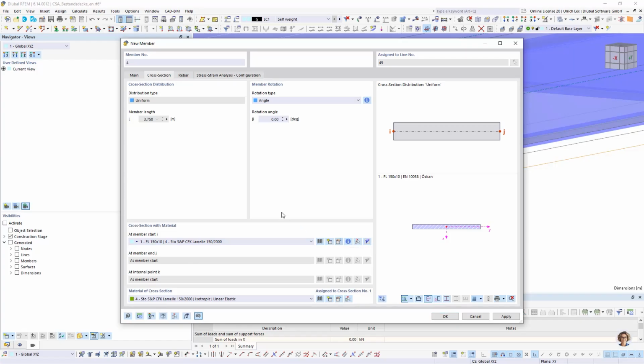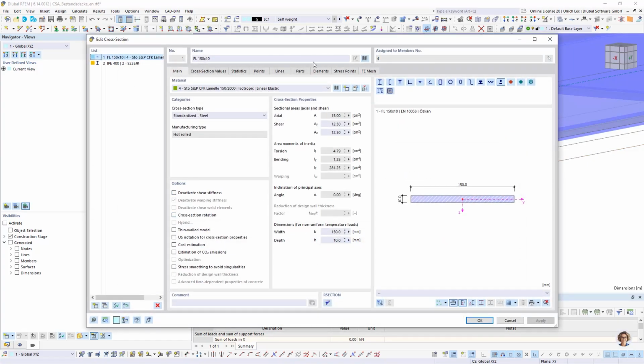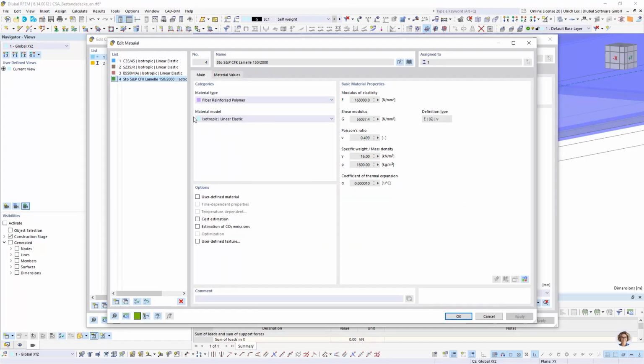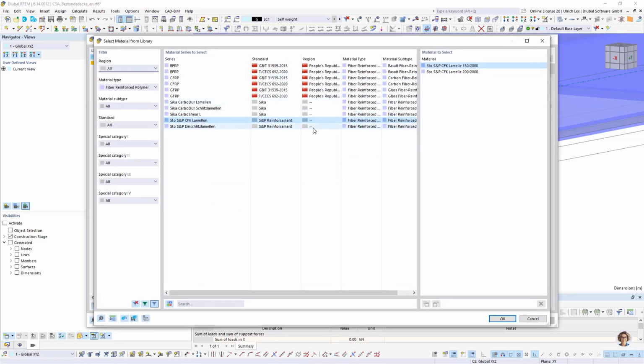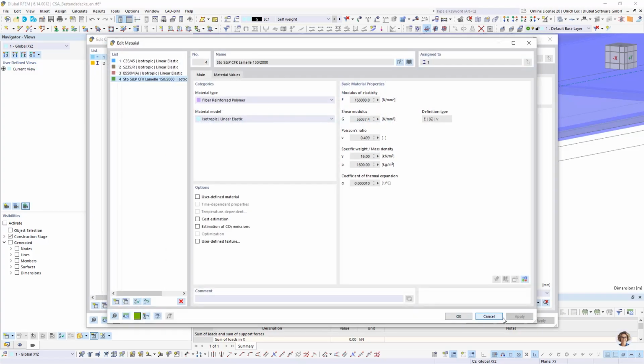From different producers, we have it in the database and under fiber reinforcement, from different producers, Sika and Stowe. And this you can use also in our case.